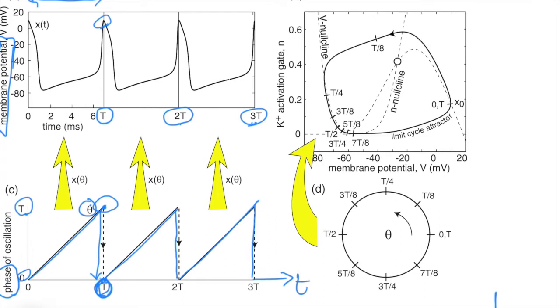We introduced something named theta here, and you can see that it's exactly the same, from 0 to T, and it starts again from 0 to T. This theta is the phase of our system, and T itself you can divide into 8 parts, like T over 8, T over 4, and so on.